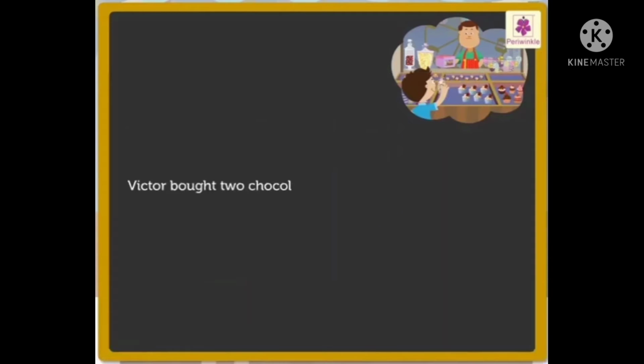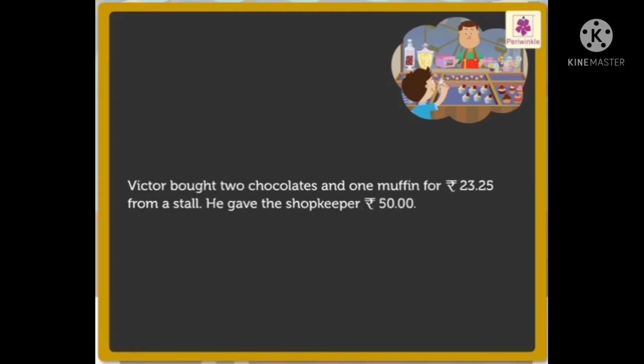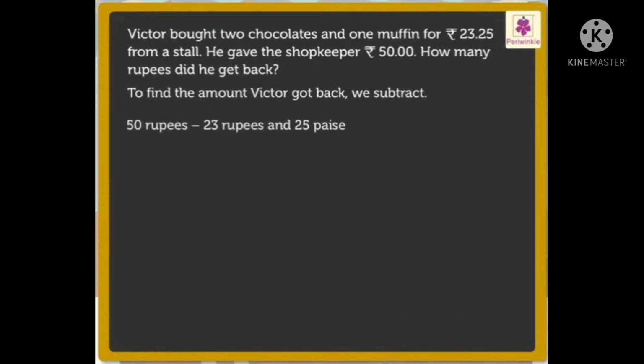Victor bought 2 chocolates and 1 muffin for 23 rupees 25 paise from a stall. He gave the shopkeeper a 50 rupee note. How many rupees did he get back? Here, we will be subtracting 23 rupees 25 paise from 50 rupees.